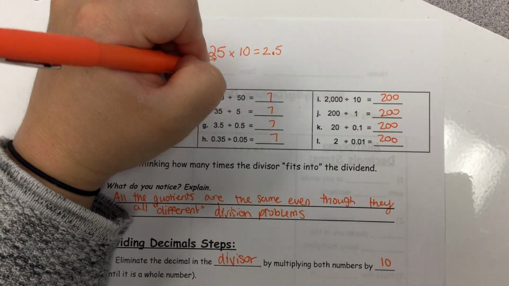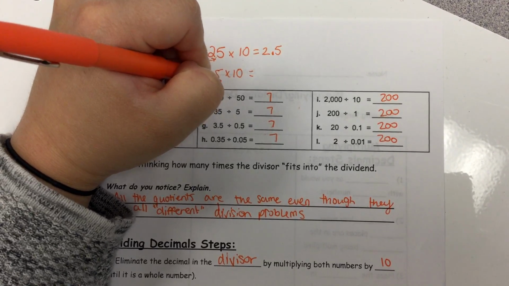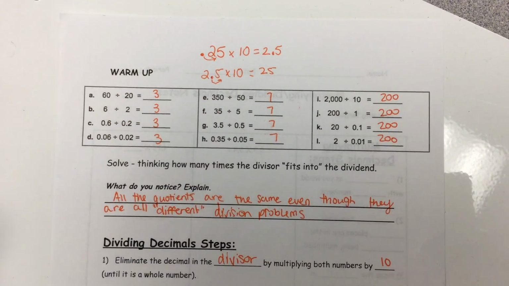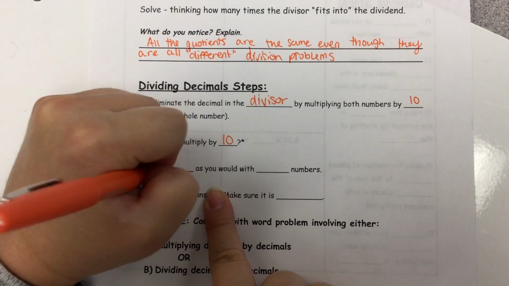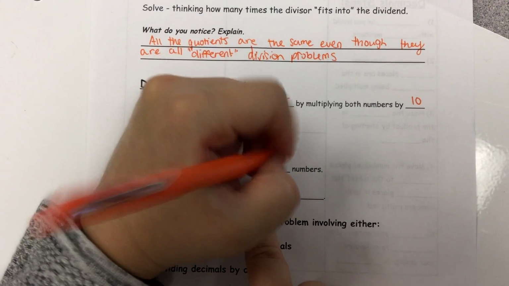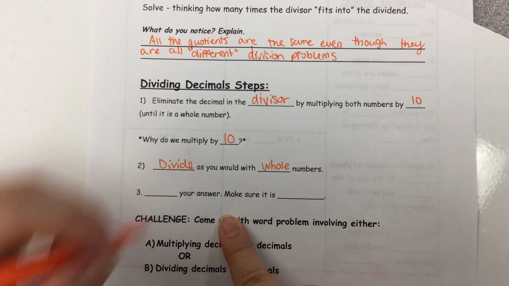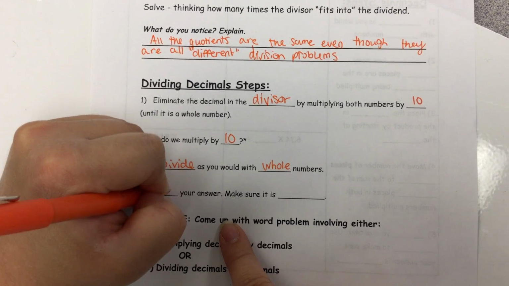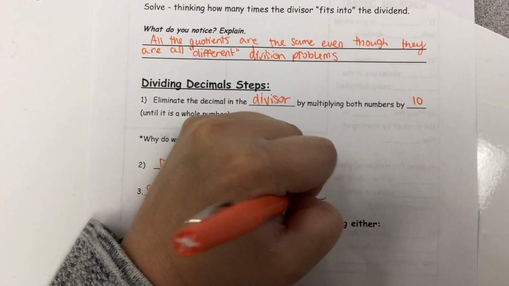If I've got 2.5 and I multiply by 10, I move that decimal place one place to the right. Now I've got 25. Okay, so step 2, we are going to divide as you would with whole numbers. And lastly, we want to check our answers to make sure that they are reasonable.